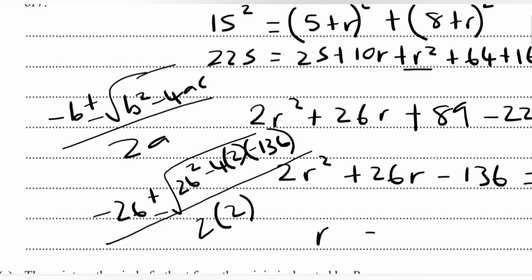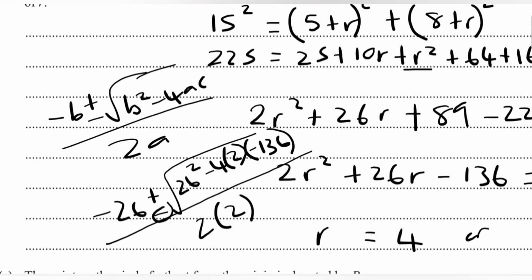So this gives us two values of r. That will be minus 26 plus root of 26 squared minus 4, 2, minus 136, over 4. So that's 4. And the other one, you say minus 26 minus.